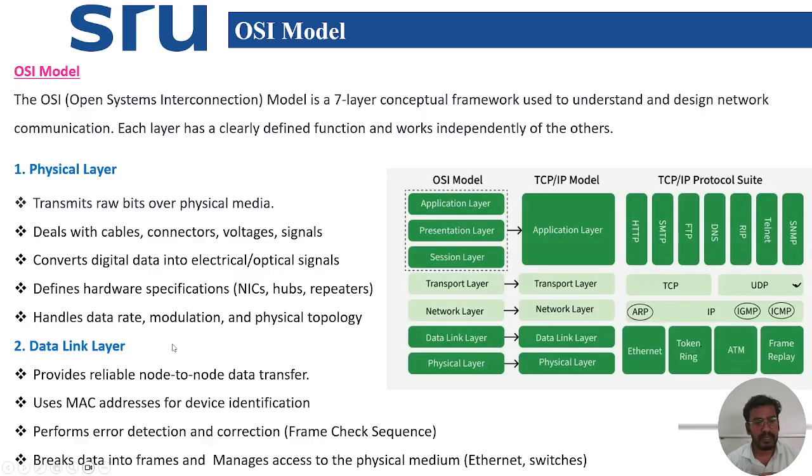Coming to the data link layer, it provides reliable node-to-node data transfer. Here the data is transferred from node to node, client to server. It uses MAC addresses for device identification, and it performs error detection and correction, like the frame check sequence, which checks frame by frame and checks the sequence of operation when sharing the information.